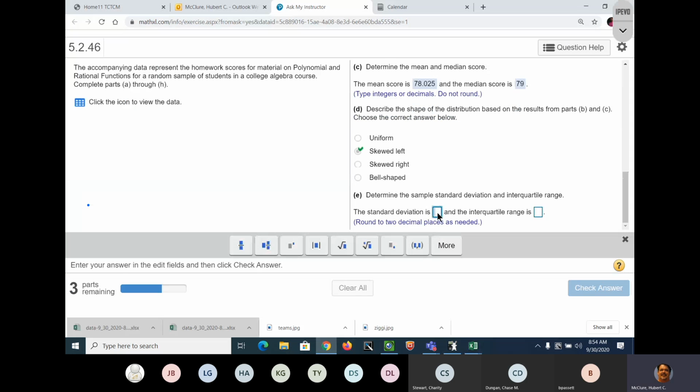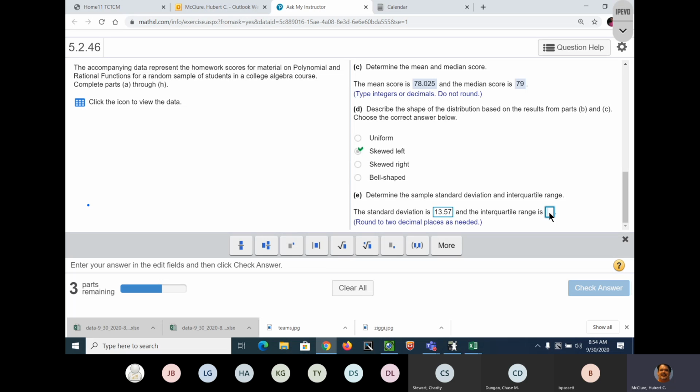Oh God, they asked for the interquartile range. I got to subtract that next. All right, so standard deviation is, what does it say, rounded 2 decimal places, 13.57. And the interquartile range, that's going to be Q3 minus Q1.